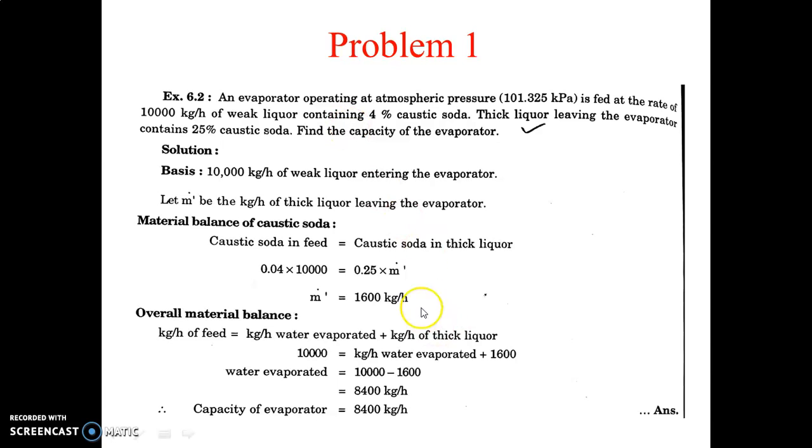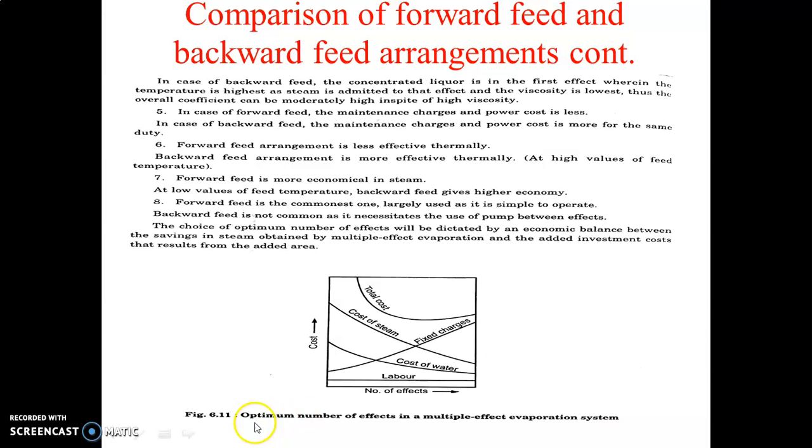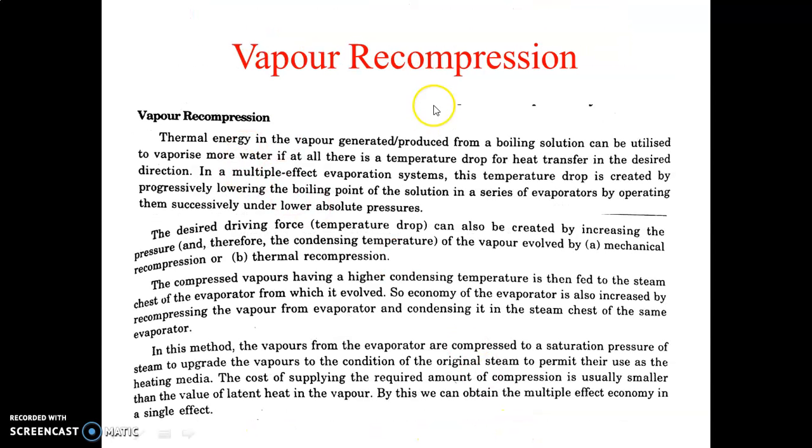In this way we can solve this problem. This problem depends upon the material balance. So here I want to conclude today's lecture. Today I discussed how to calculate the optimum number of effects in a multiple effect evaporation system.